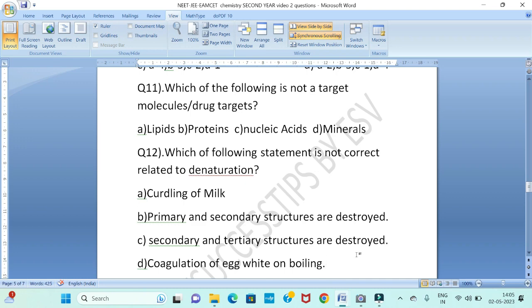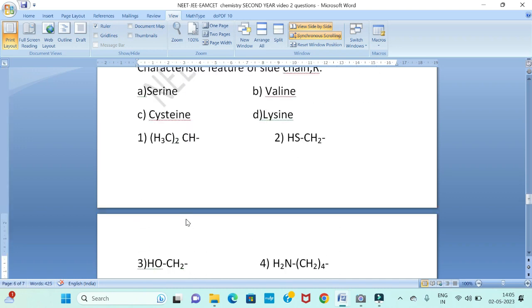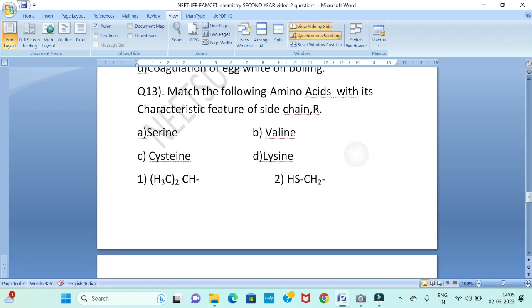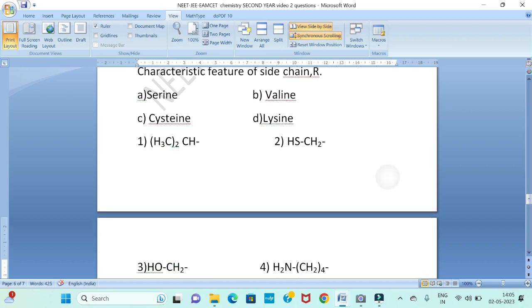Next, match the following amino acids with the characteristic feature of side chain: serine, valine, cysteine, lysine.